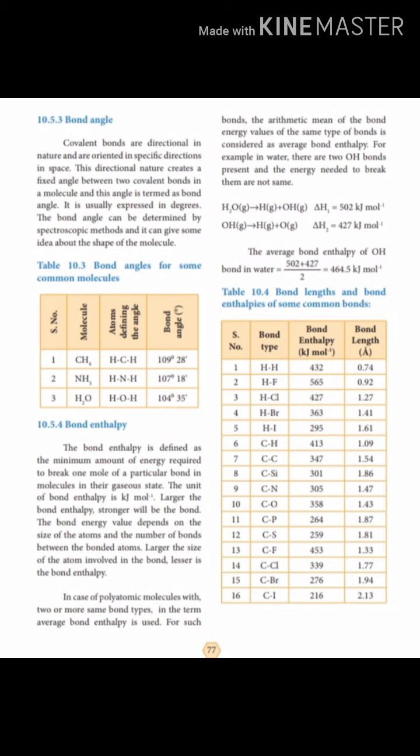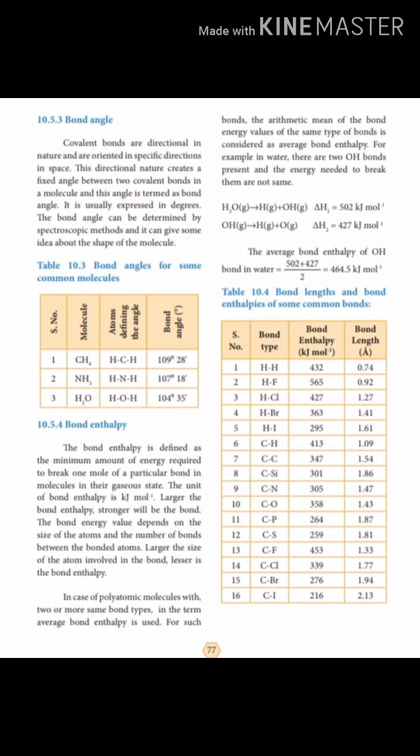In the case of polyatomic molecules with two or more bonds of the same type, the term average bond enthalpy is used. For such bonds, the arithmetic mean of the bond energy values of the same type of bonds is considered as the average bond enthalpy.